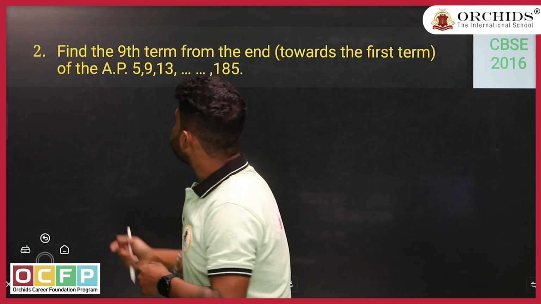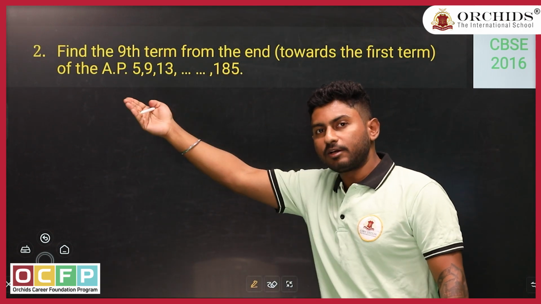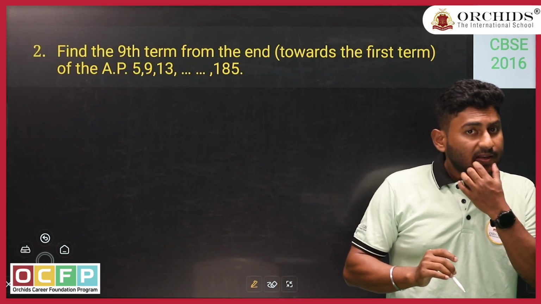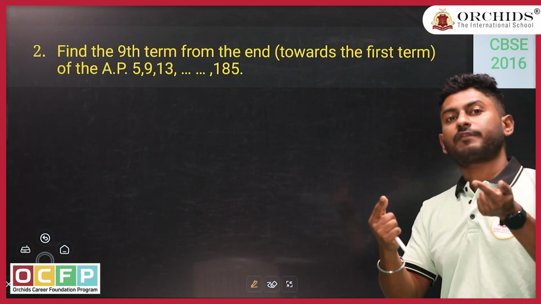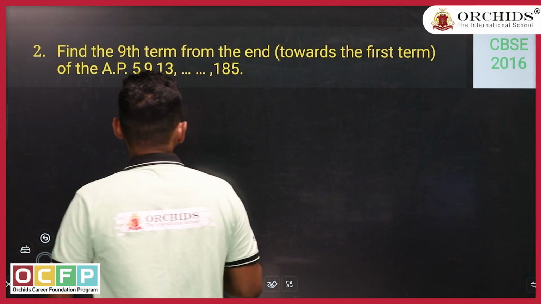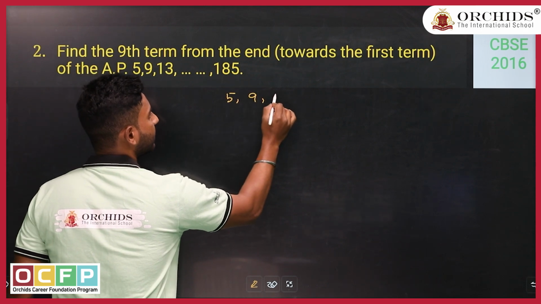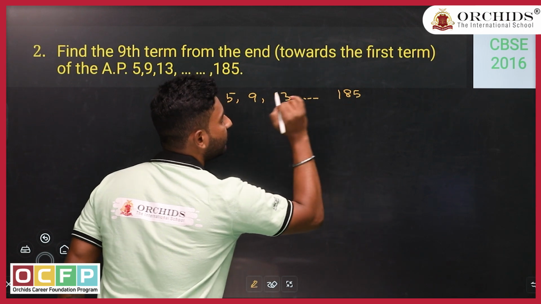See, this particular AP, if you see 5, 9, 13, it goes on in that manner, right? Now they are asking in the reverse order. So can I write the AP in the reverse order first? Let's see. So my AP is 5, 9, 13 and goes on to 185.